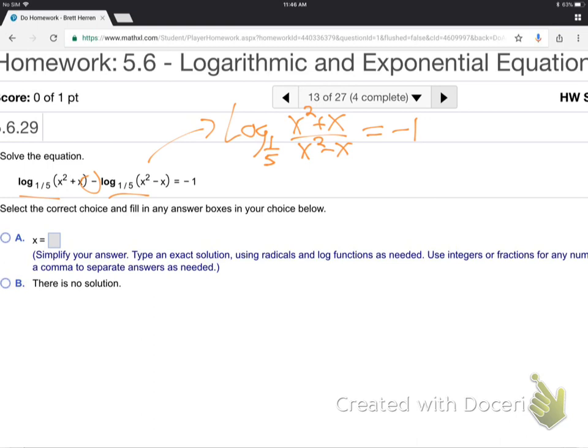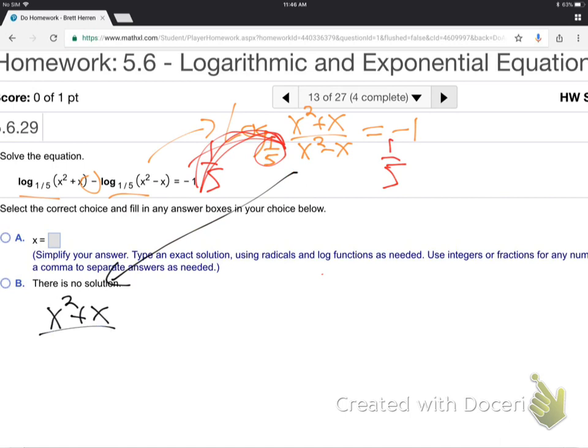Whatever the base is, which is that 1/5, we have to power that to both sides, because that way powers and logs will cancel. Good. It's opposite. So what does that leave us? x squared plus x over x squared minus x is 1/5 to the negative 1 power. What happens on that right side? What do negative powers do?